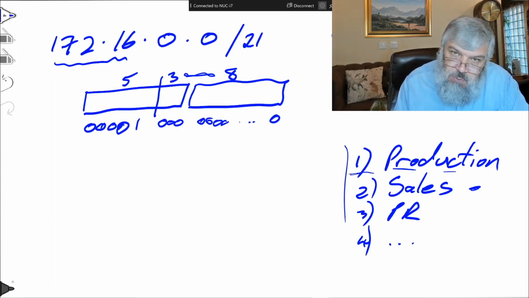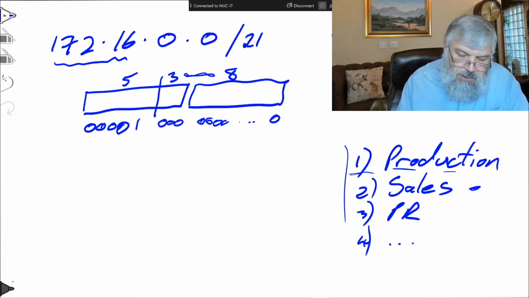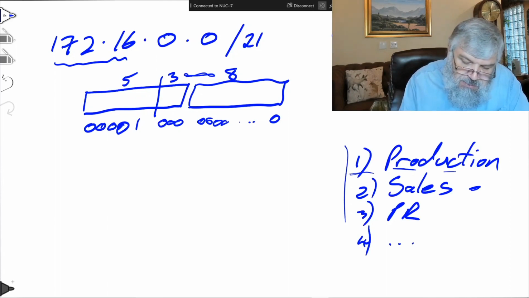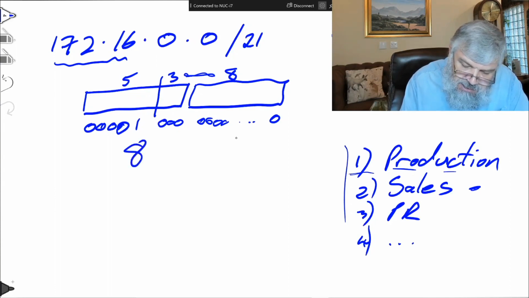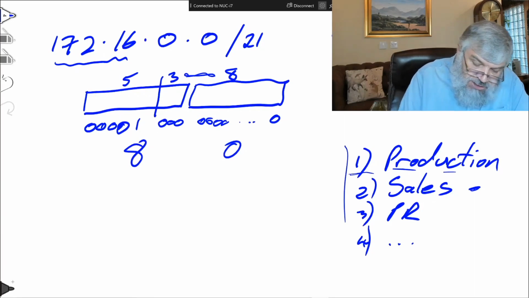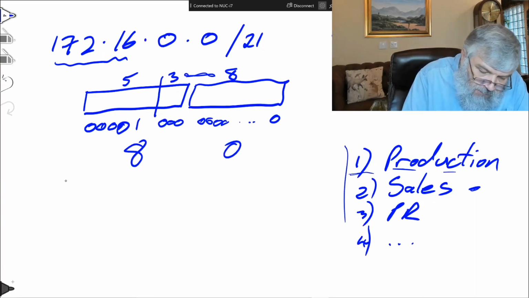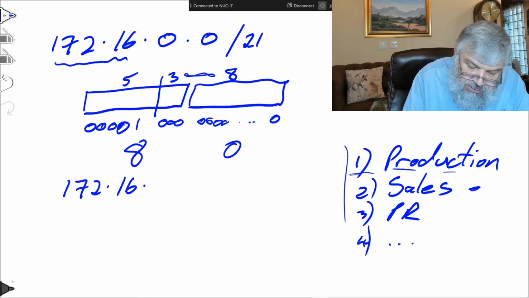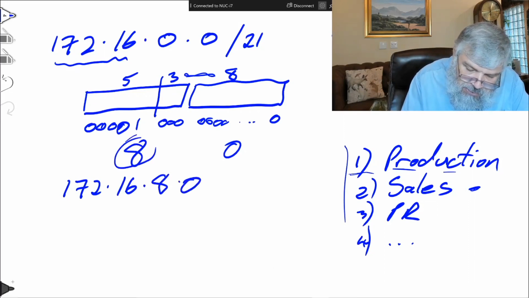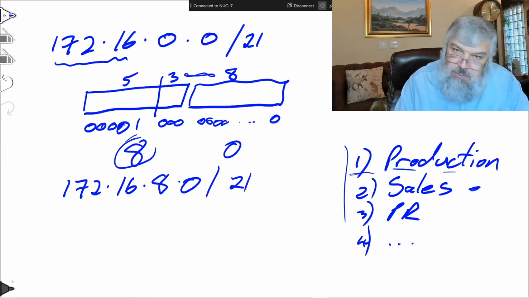Network address, host portion is always zeros. So converting this back to decimal gives me, those are the 1s, the 2s, the 4s, and the 8s. So that value is 8, that value is 0. Production's subnet is therefore 172.16.8.0. And again, if I want to be complete, I can say that the first 21 bits are used for the address portion.